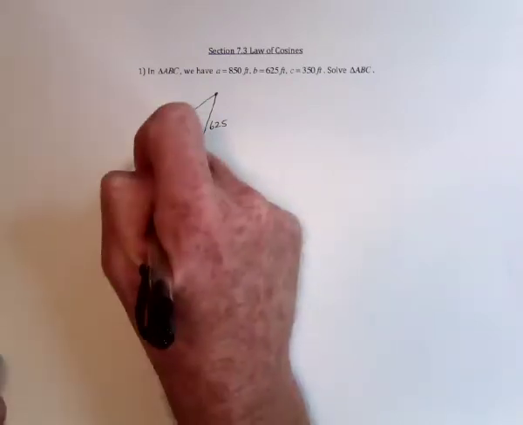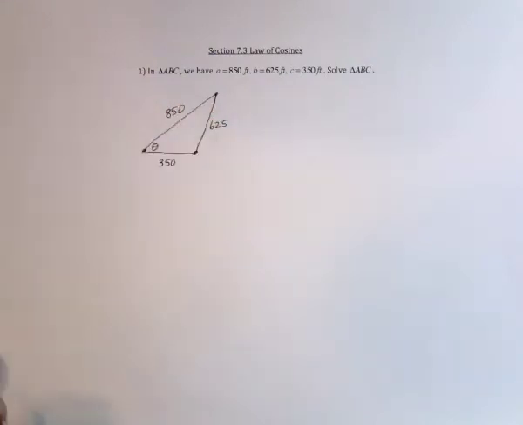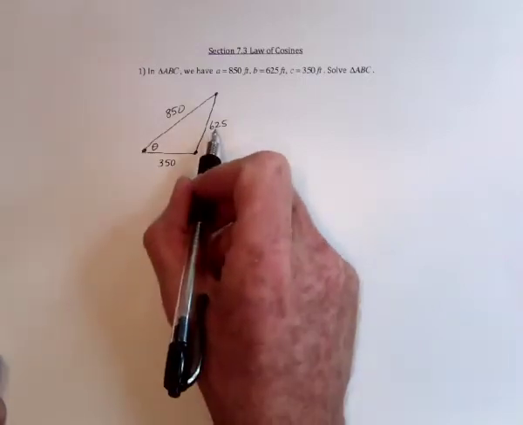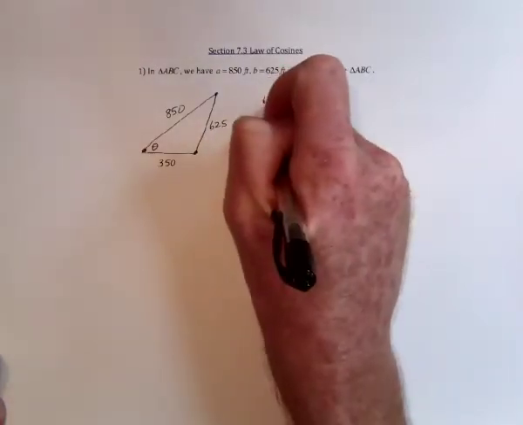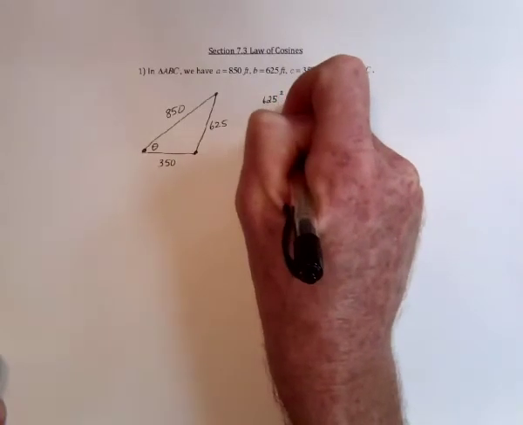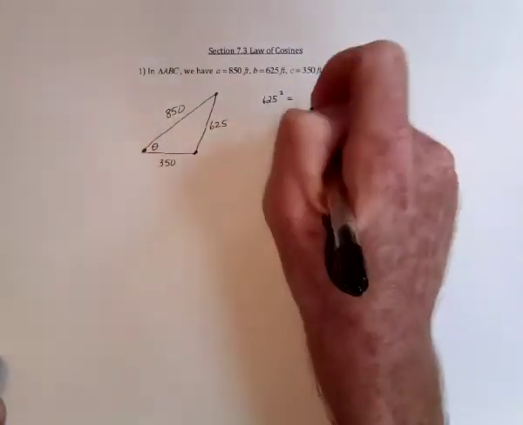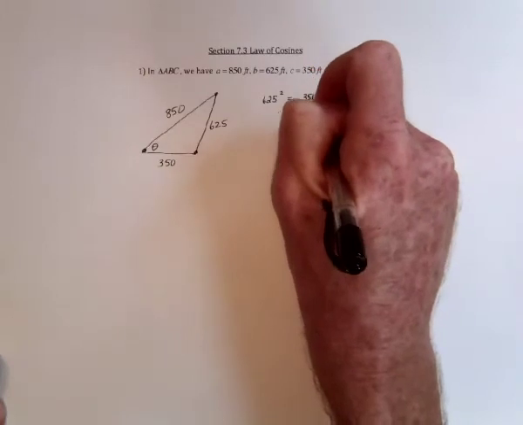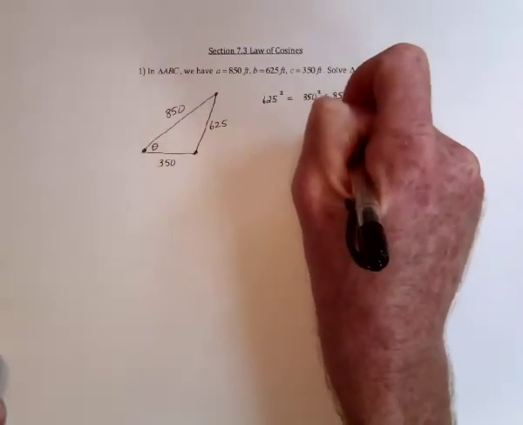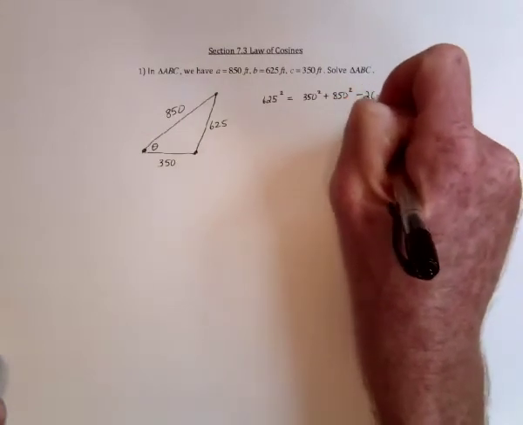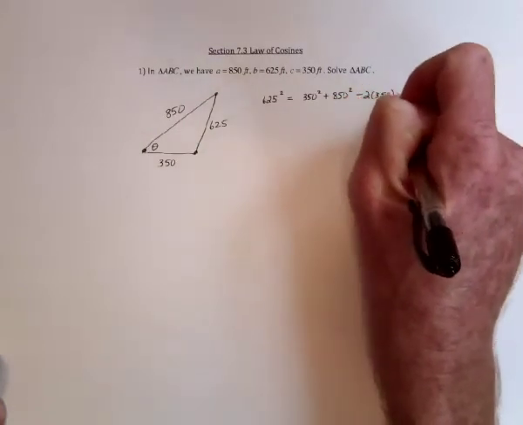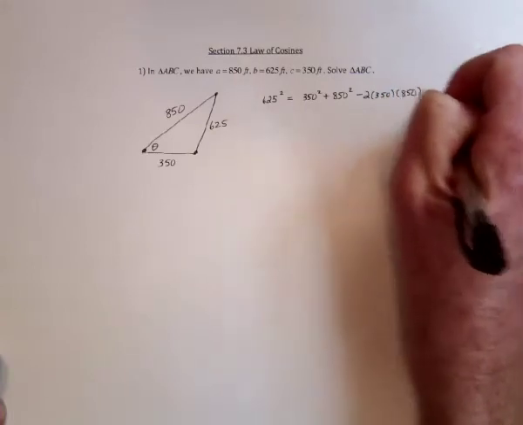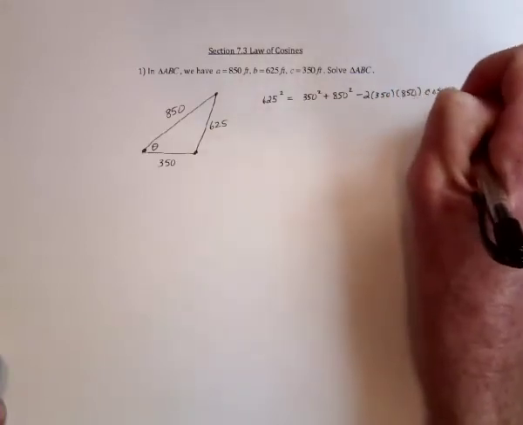So let's say that this is theta. Solve for this one first. And then the law of cosines would say, start with the one that's across from that, 625 squared equals the other two squared, 350 squared plus 850 squared, minus 2 times each one of those sides, times cosine of the angle.